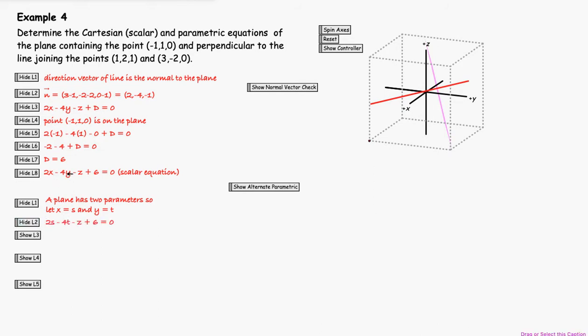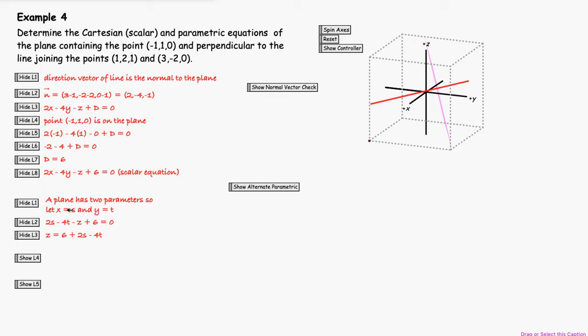I'm now going to work the Cartesian equation of the plane to figure out what z needs to be. So 2s minus 4t minus z plus 6 equals 0, and that gives me that z is equal to 6 plus 2s minus 4t. So I have my 3 parametric equations.